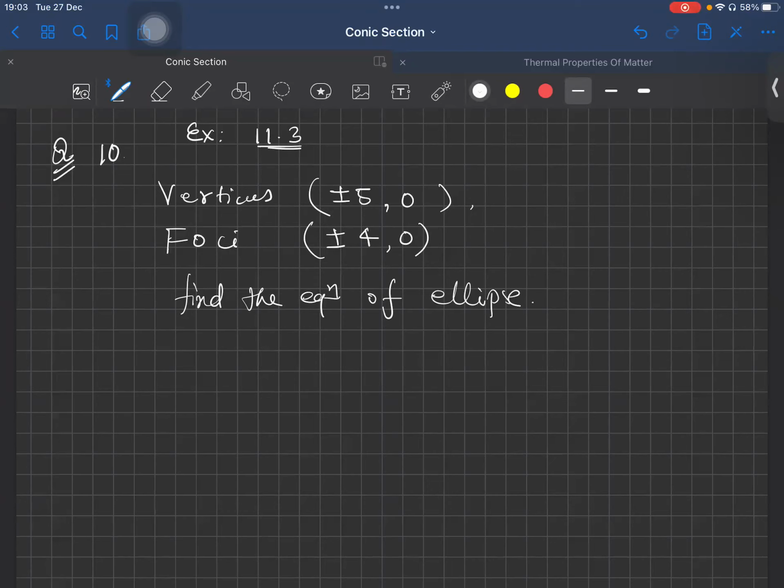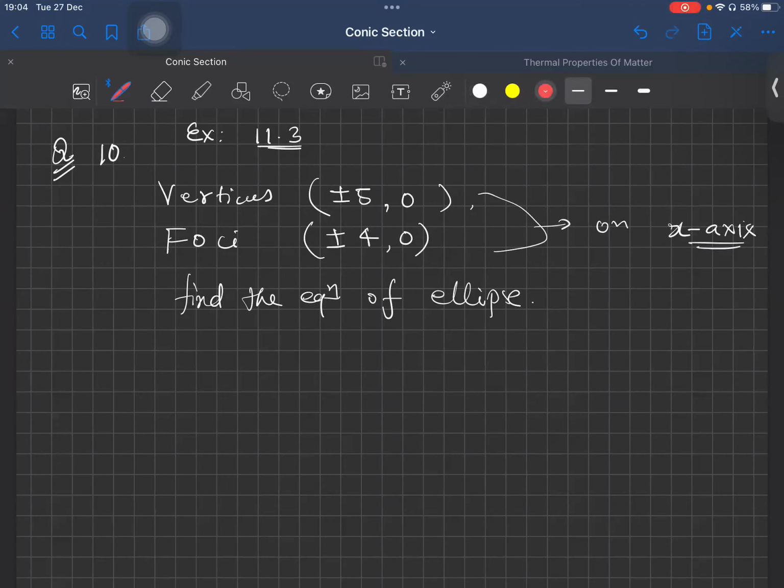See, if the foci are plus or minus 4, that means they lie on the x-axis. Both lie on the x-axis. It's given in the problem, right?